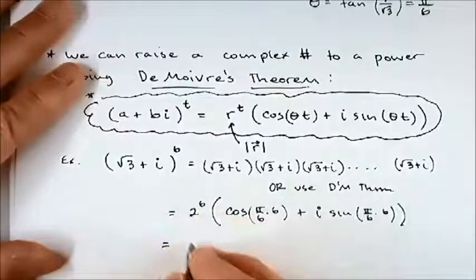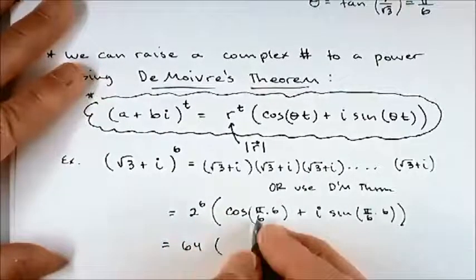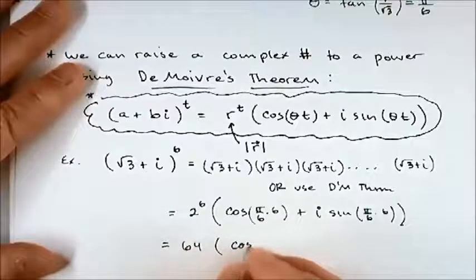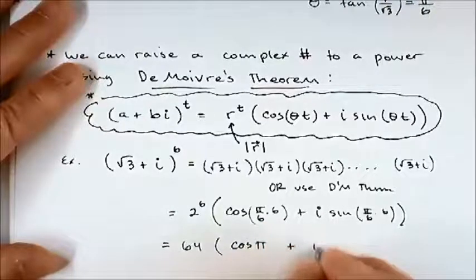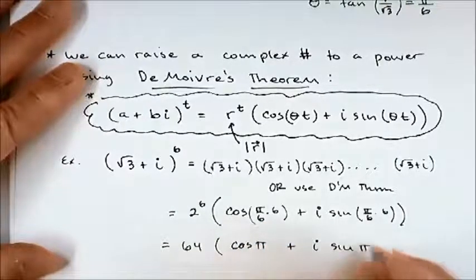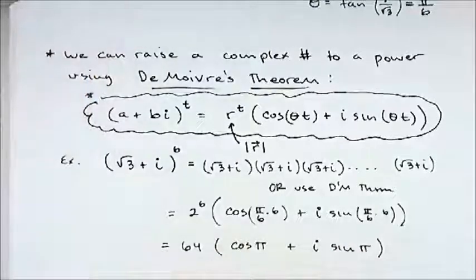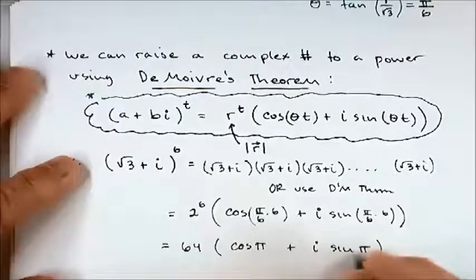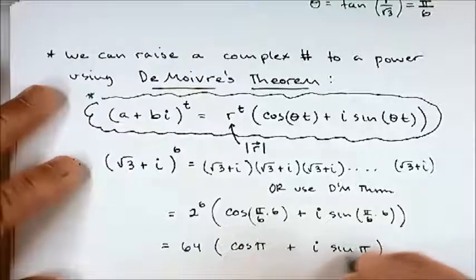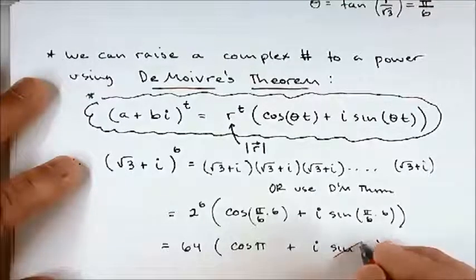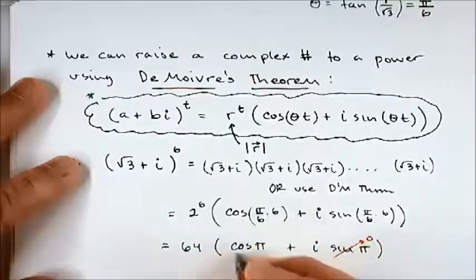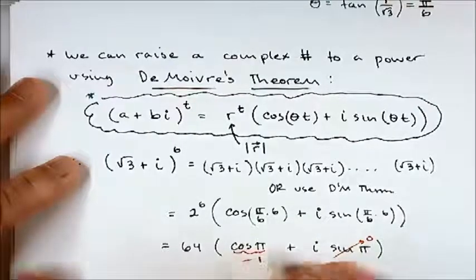2 to the 6 happens to be 64. This just becomes the cosine of pi plus i times the sine of pi. These are easier if you think about the graphs of sine and cosine. The sine of pi is 0, and the cosine of pi is -1.